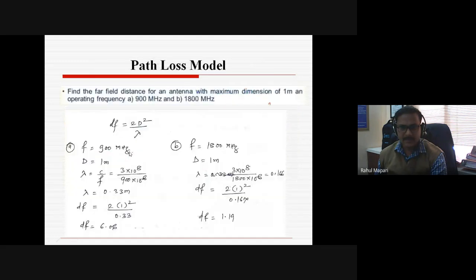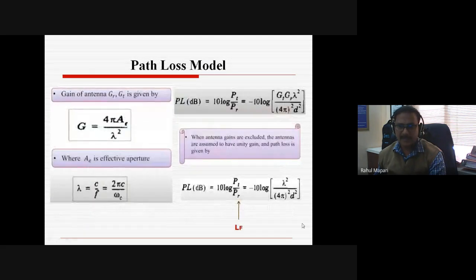Actually, this equation is minus 10 log of lambda square divided by 4 pi square d square. So LF is the free space propagation loss, and its equation is minus 10 log of lambda square upon 4 pi square d square.